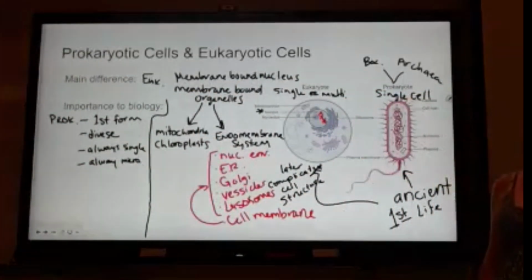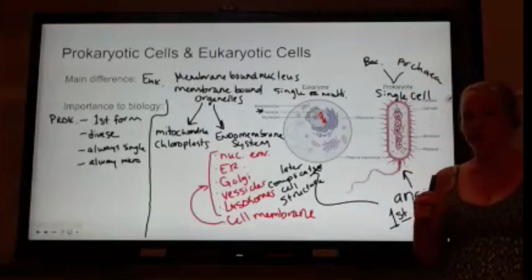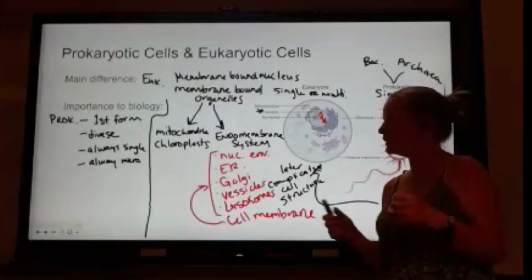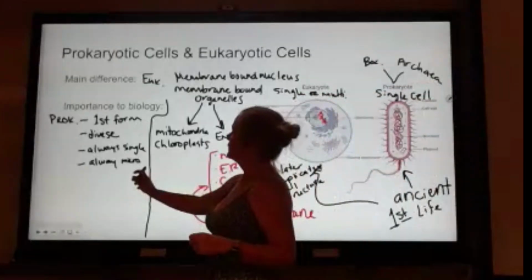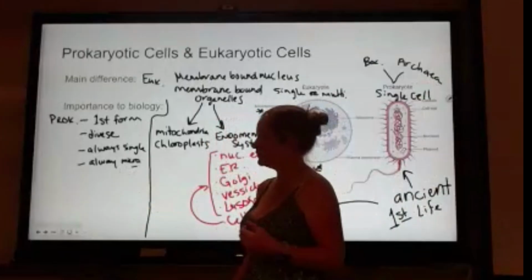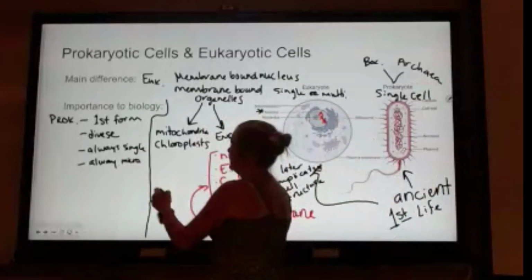The ones that we have at CCC are the ones that you might use if you're typically an NAU student, the ones that you'll use in your labs. You can see the prokaryotes, but you do need to use special techniques. So you'll learn that when you take that microbiology class.